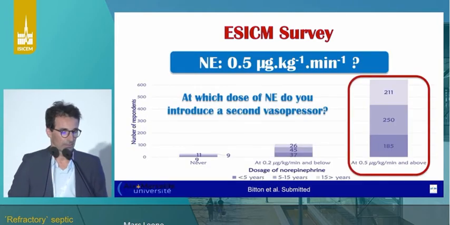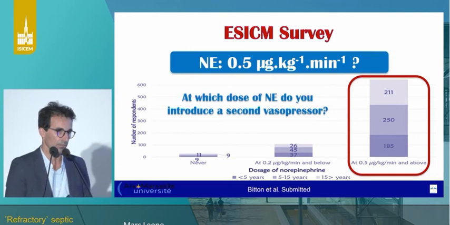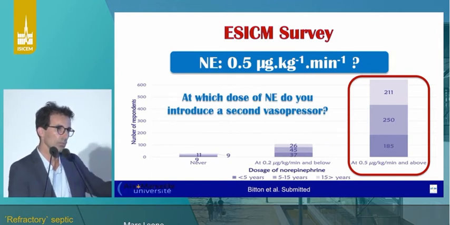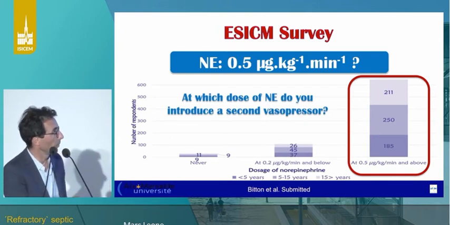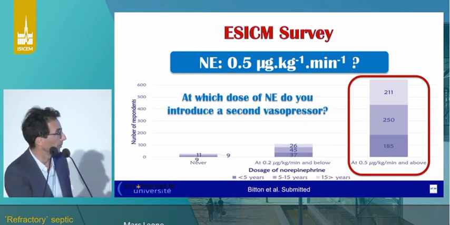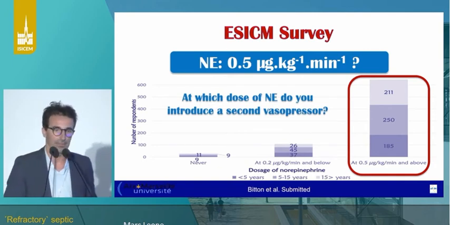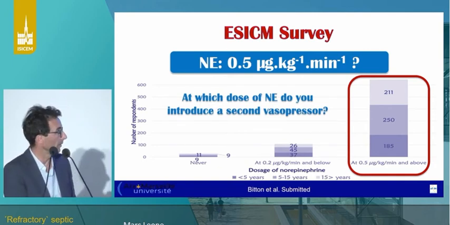A surrogate for defining refractory septic shock could be when you introduce a second vasopressor agent. Most respondents introduced it at 0.5 microgram per kilogram per minute.